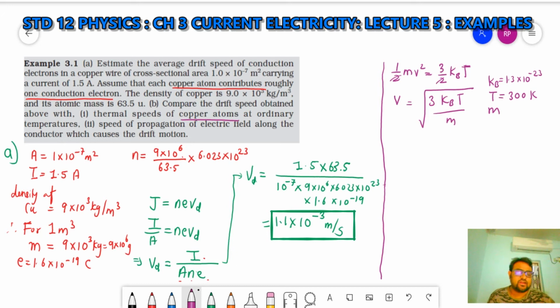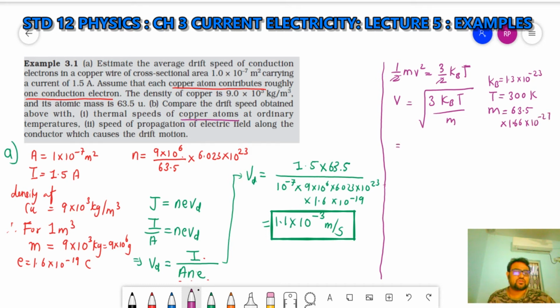Okay, so if I take one copper atom, its atomic mass is 63.5. And the mass of one nucleon is 1.66 into 10 raised to minus 27. Clear?